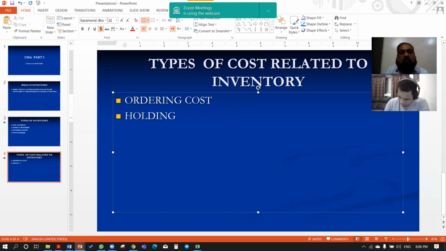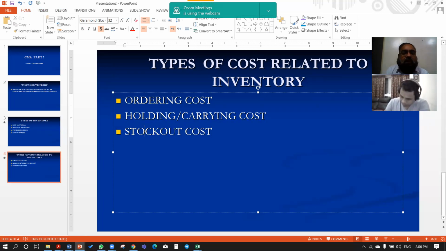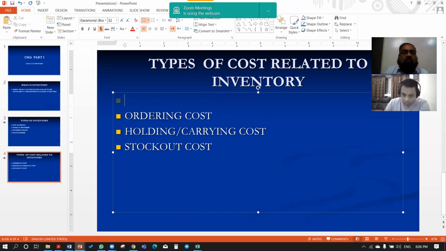Holding cost, or carrying cost. Stock out cost. And the first type of cost you can say is purchasing cost. So: purchasing cost, ordering cost, holding cost, stock out cost, etc.